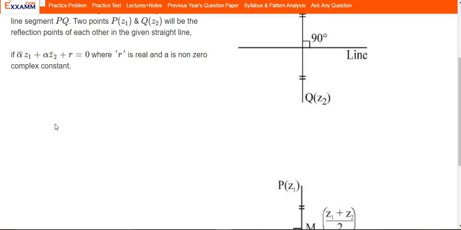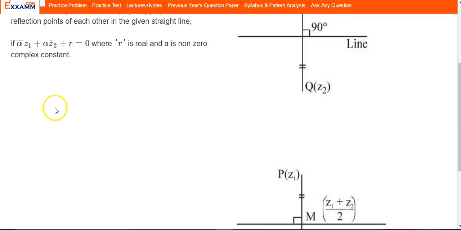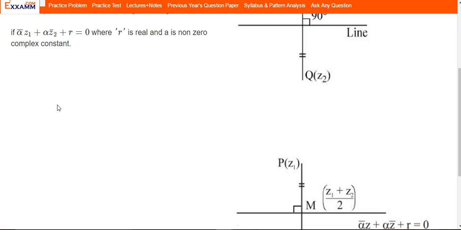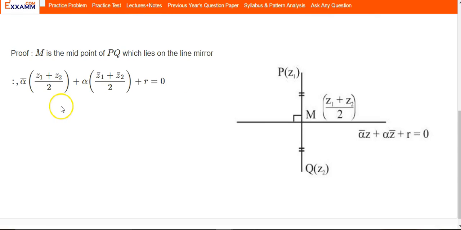Now I have said that this line is the perpendicular bisector, and Q is the mirror image of P. So the middle point, that is (z1 plus z2) upon 2, would lie on this complex equation of the line. So let us put this into our equation, and what do we get?